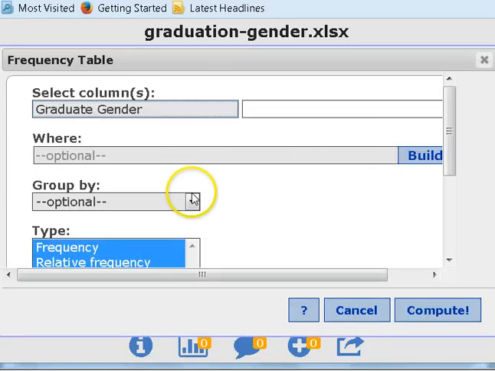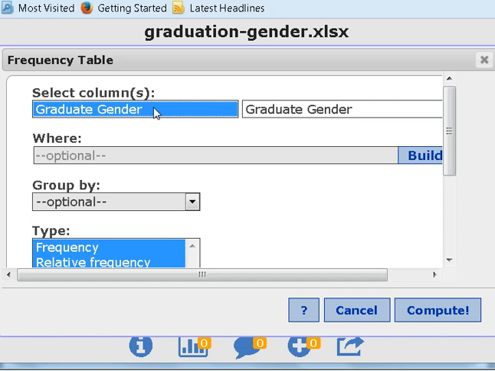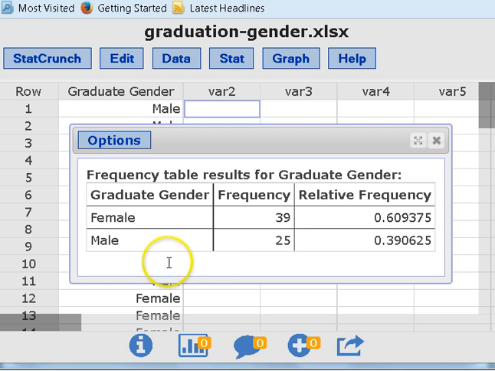So for the graduate gender, compute, and you get a table. In this data of 64 individuals, 39 were women. It also computes the relative frequency. 39 out of 64 would also be the sample proportion, the proportion of graduates in the sample that were women.